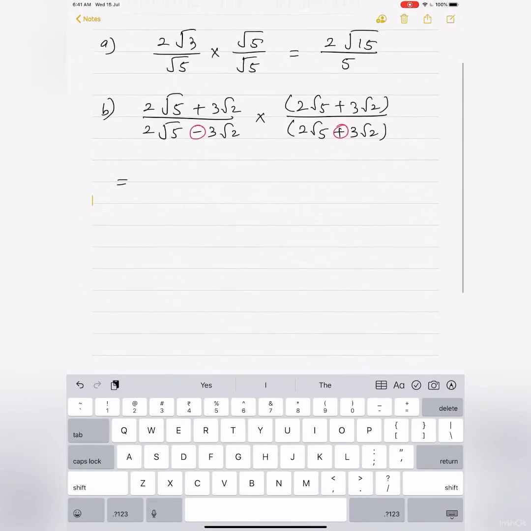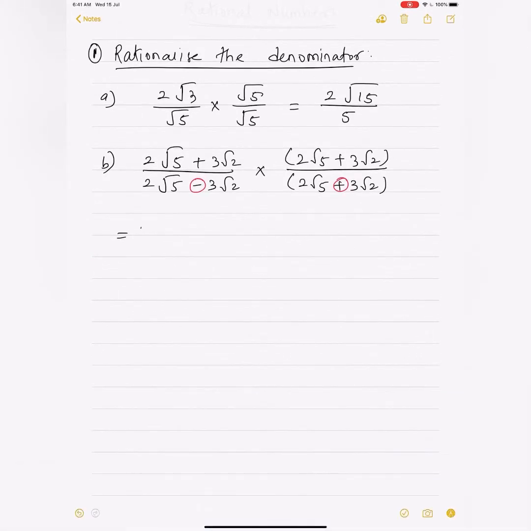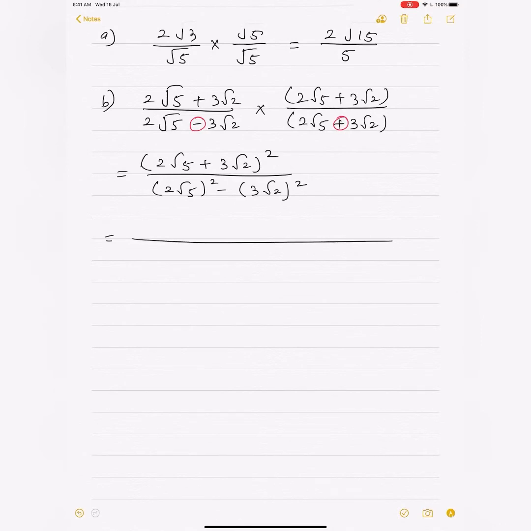Now, what will this become? This will become 2 root 5 plus 3 root 2 whole square divided by 2 root 5 whole square minus 3 root 2 whole square.